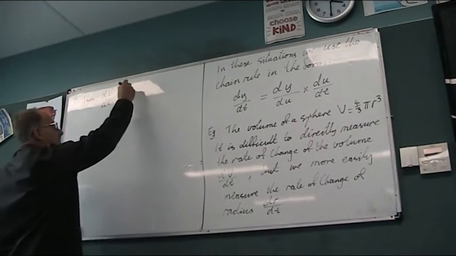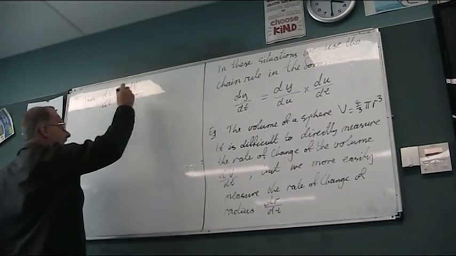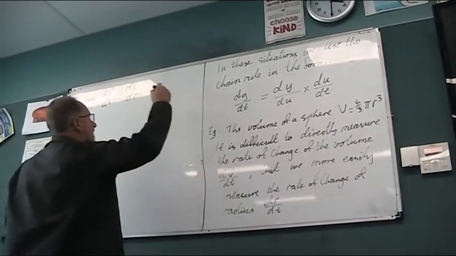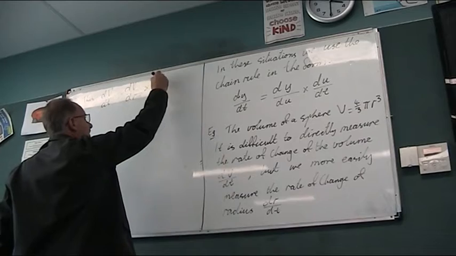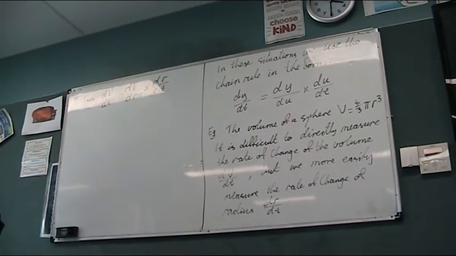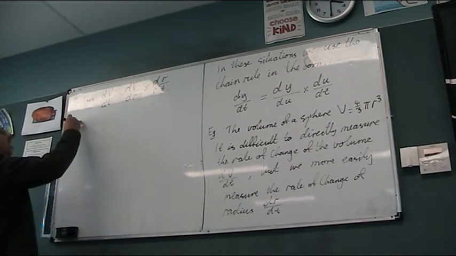So we find dV/dr from this, and then we multiply it by dr/dt to find out the related rates. All right, so let's have a look at an example with some numbers in it.